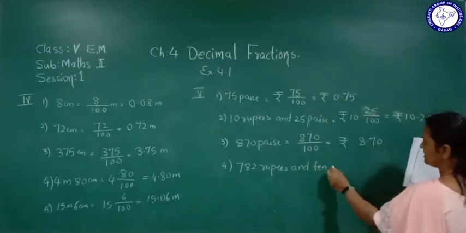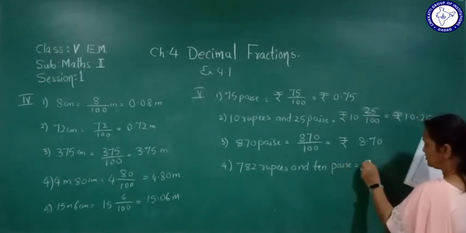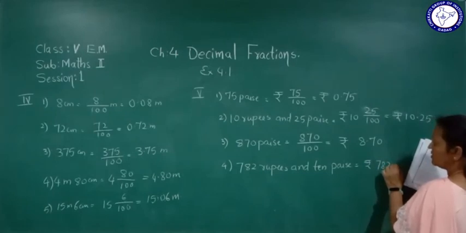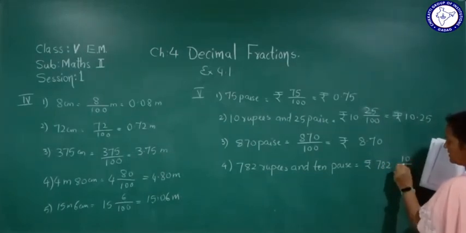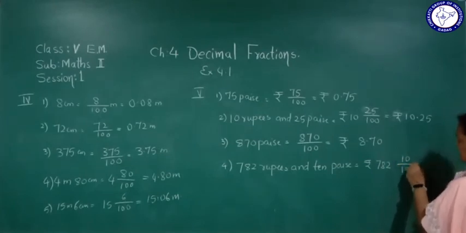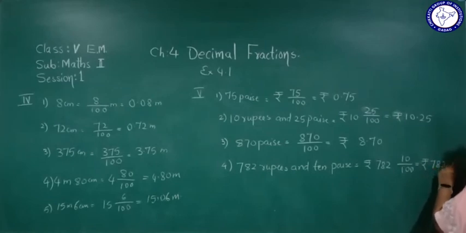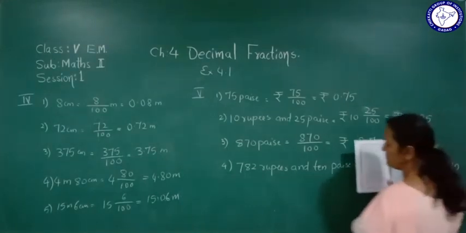This is equal to rupees 782 and 10 by 100. So this is equal to rupees 782.10. Rupees 782.10.